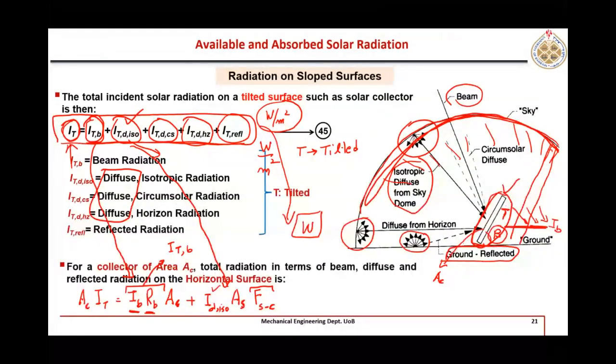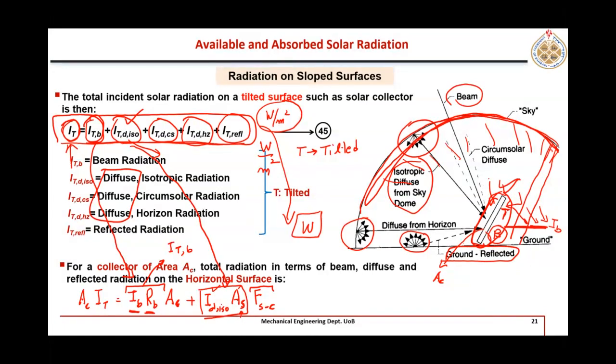The diffuse radiation coming from the isotropic sky is multiplied by the area of sky, that is the source of this radiation, but only a part of this is falling on that collector. Only the front side of the collector, because the back side is not receiving that radiation.